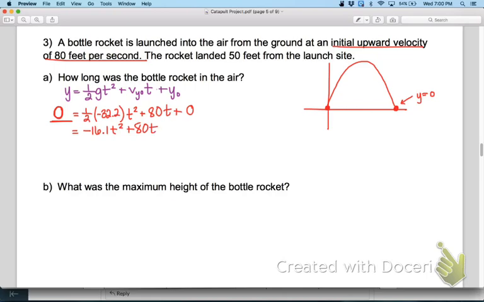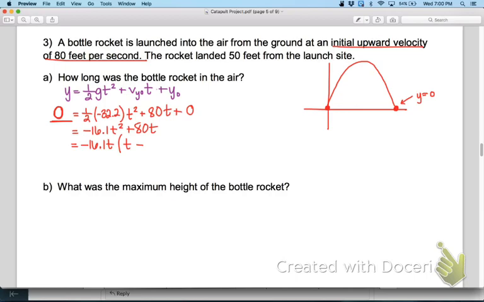Now, I would solve this one by factoring. And when we've got decimals, it's okay. It's not going to factor out necessarily evenly. I'm going to factor out negative 16.1 t. So that gives me t minus, I'm going to get a decimal over here. What is that decimal going to be? Just one moment.